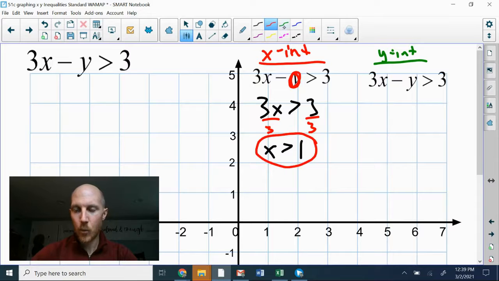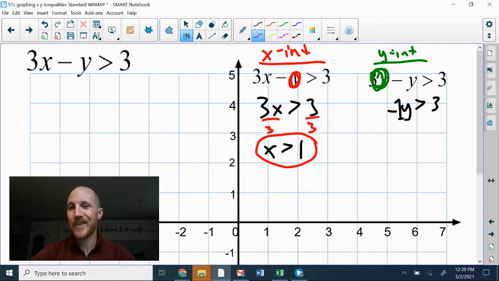And to get the y-intercept over here in green, I'm going to change the x into 0 so that y is left there. So I got negative y greater than 3. And really what's happening in here is there's an invisible 1 right there. So to get the y by itself, I need to divide both sides by -1.